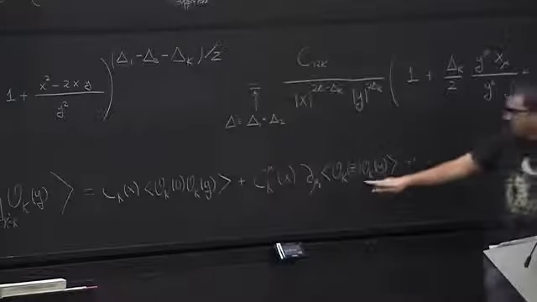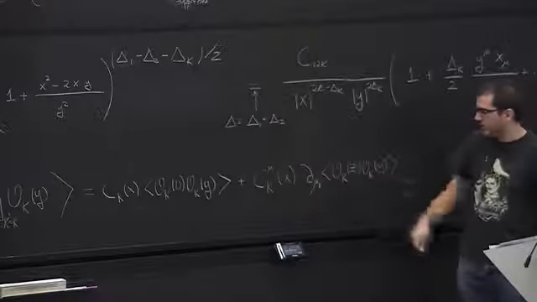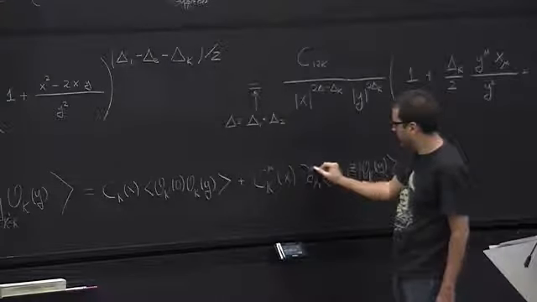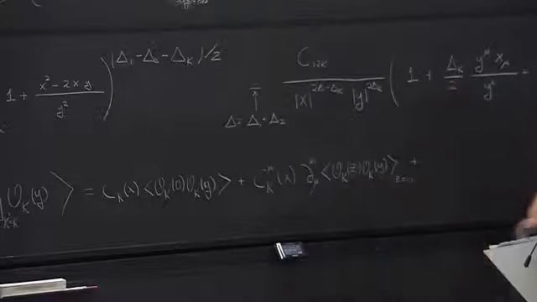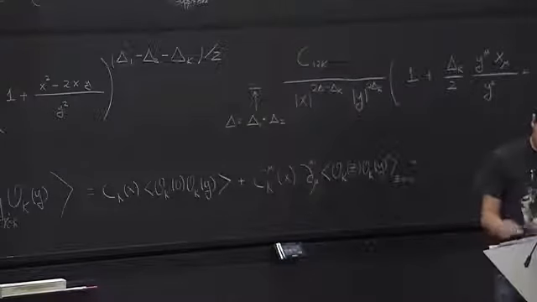Just a derivative, but for the derivative of an operator, I can just compute the correlation function and take the derivative with respect to z. Okay? So this derivative here is with respect to z. Plus dot dot dot. Okay?